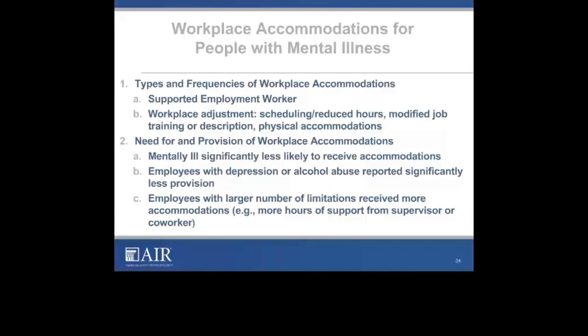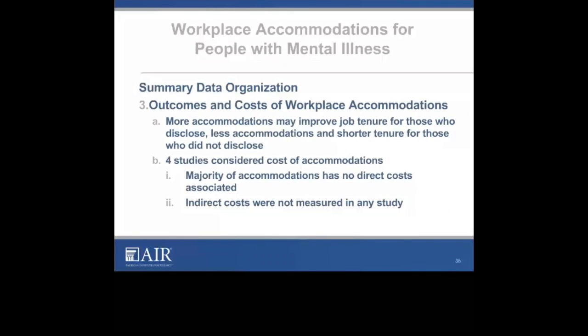The more limitations one has, the more accommodations that tended to be made. That could be in terms of support from within the employment itself or from the supported employment worker or the coworker.